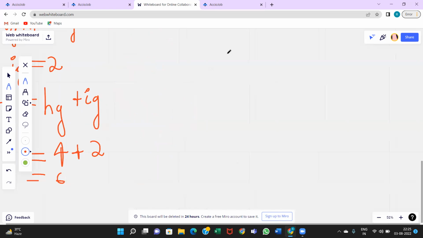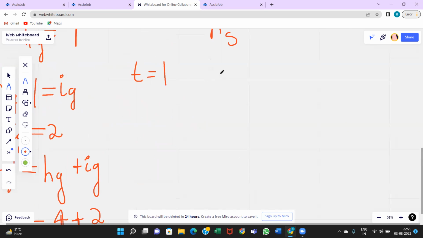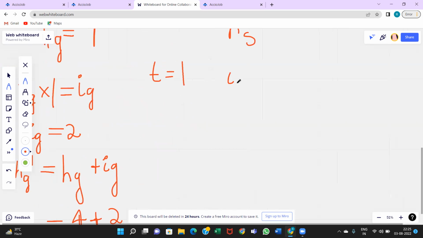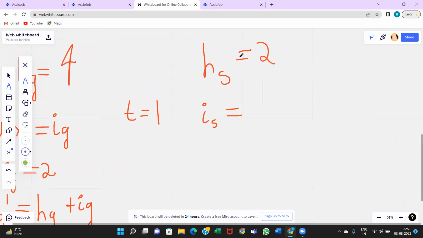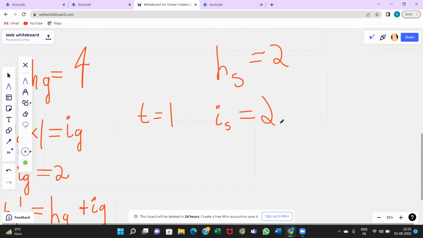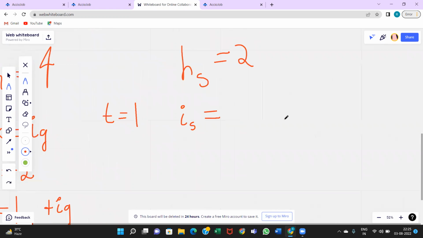Similarly, I'll do for Sunyo. For Sunyo, the increment in height, now I'm doing it directly, will be Vs into 1. Vs is given to us as 4. So it will be 4 into 1, so the value will become 4.